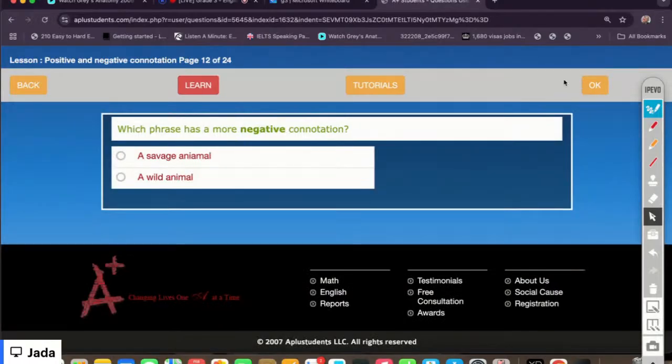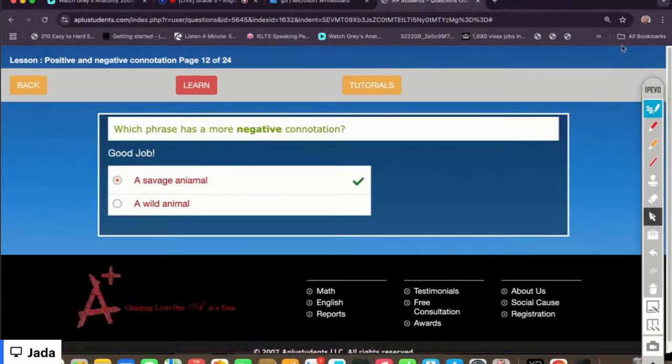All right, so which is negative? A savage animal or a wild animal? So a savage animal is more negative.